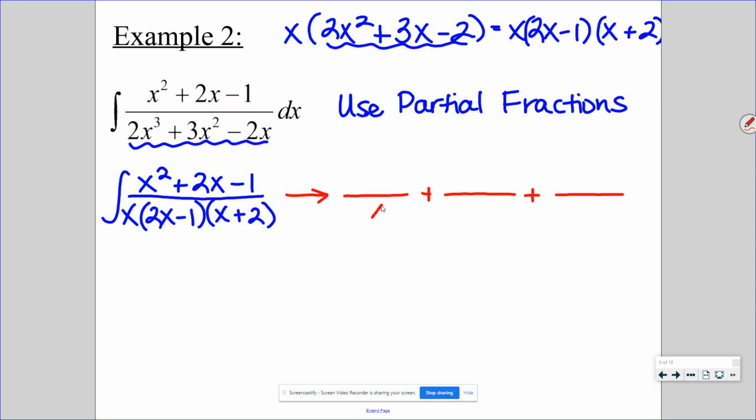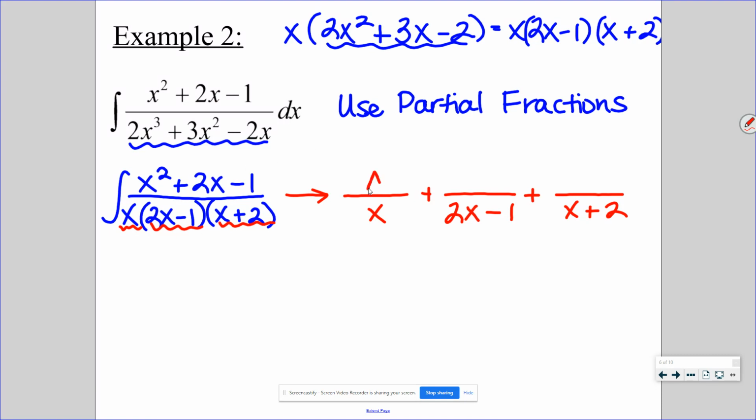One of the fractions had x in the denominator, because I see that as one of the components. One of the fractions had 2x minus 1 in the denominator, because that's also a component. And one had an x plus 2 in the denominator, because that was also a component. And we combined like terms to make this whole big mess.